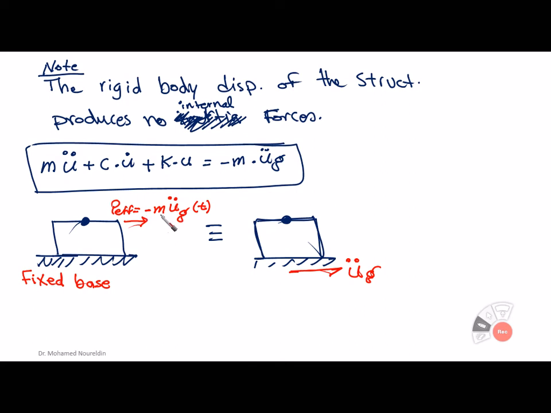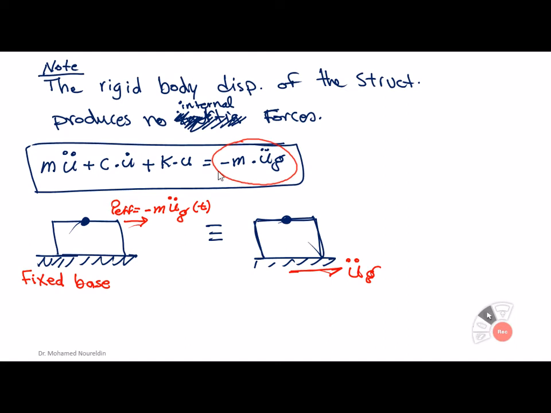The minus means that the force applied on the system should always be in the opposite direction of the ground excitation. So if the ground excitation is to the right, then our P effective should be to the left, and vice versa. And m u double dot g is related to the right hand side of the equation. This is the force due to the earthquake.